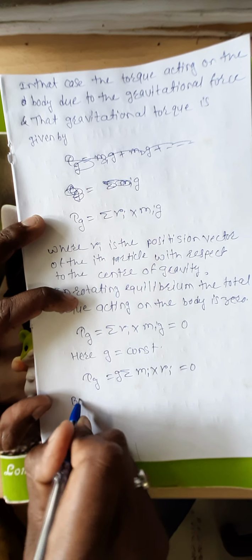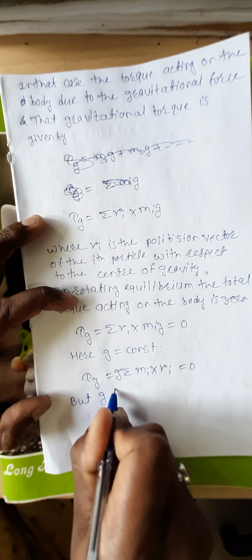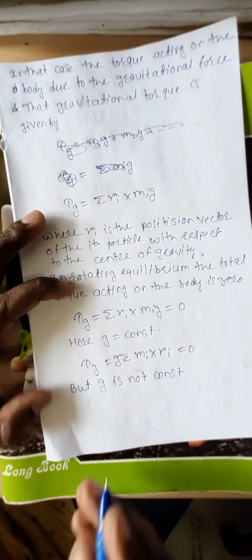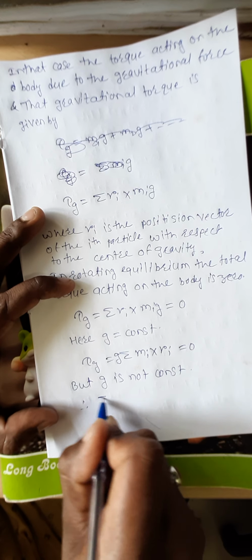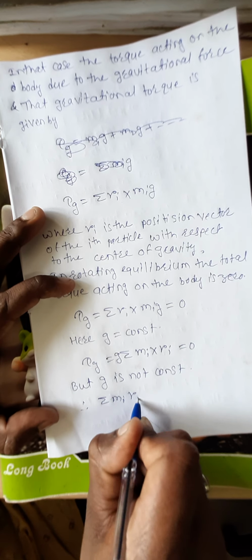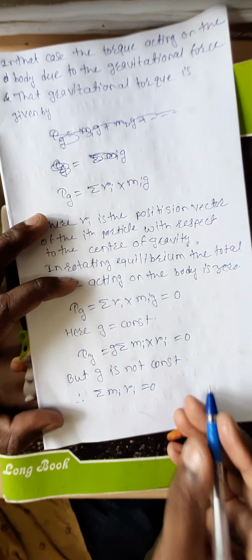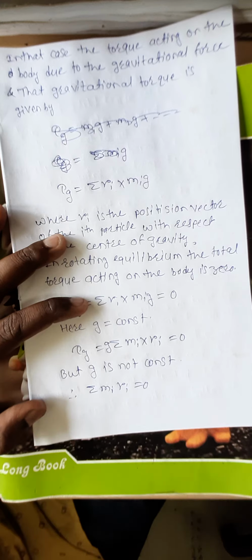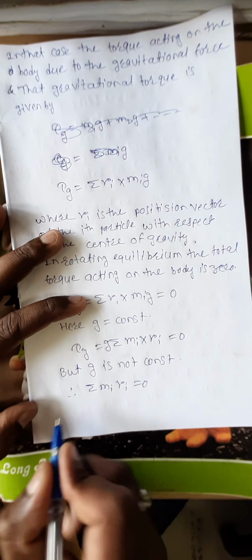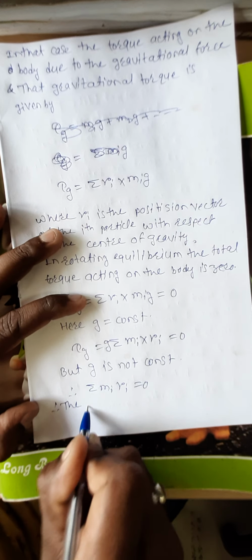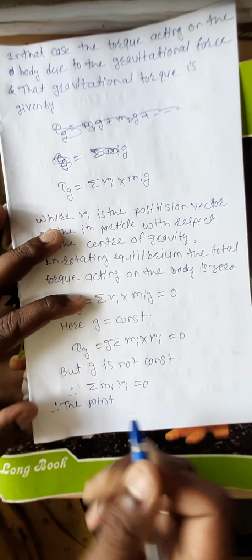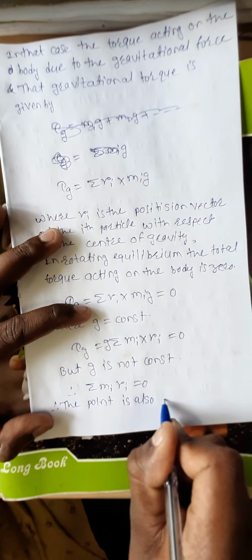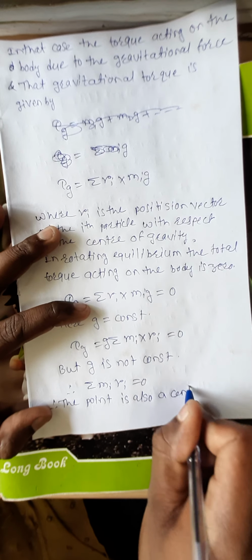But g is not zero, therefore the summation of mi into Ri must be zero. Where the summation of mi into Ri is zero, the point is also the center of mass.